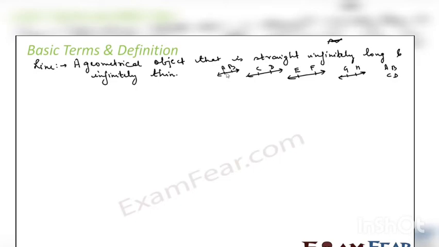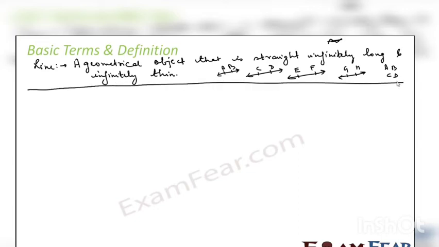But beyond point A it is extending, beyond point B also, beyond point C also, beyond point D also. So there is no fixed length: infinitely long, infinitely thin. That is the definition of a line. Next comes ray.